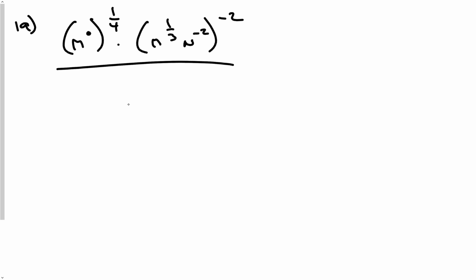And we have m to the 0 to the 1/4 power times m to the 1/3 n to the negative 2 all to the negative 2 power over m to the 1/2. So I just wanted to pick one more problem that you have to rationalize the denominator.